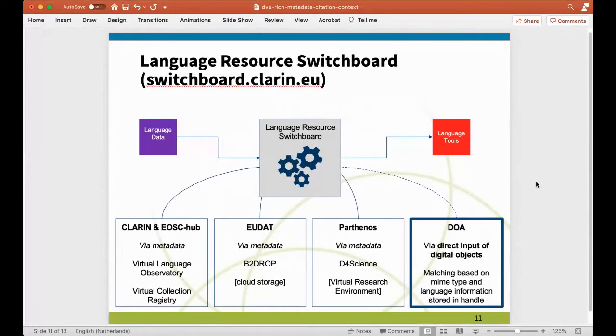What I think would be extremely valuable from our perspective would be to know when a citation is made of a data set, that we're talking about a data citation.